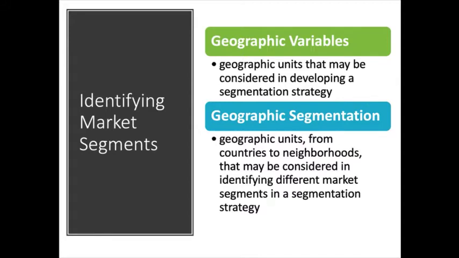Now, how can you identify specific market segments? Well, one way is simply by geography. You can see there geographic variables, geographic units that may be considered in developing a segmentation strategy. And therefore, geographic segmentation, geographic units from countries to neighborhoods that may be considered in identifying different market segments in a segmentation strategy.